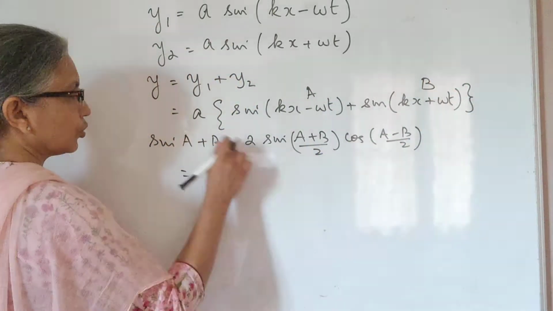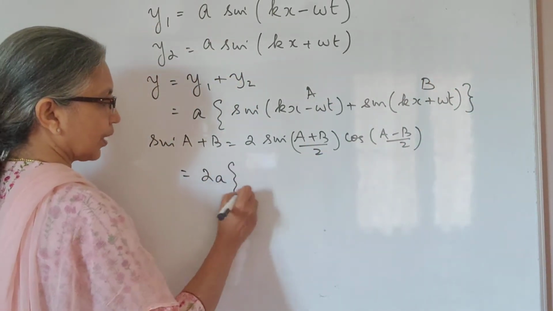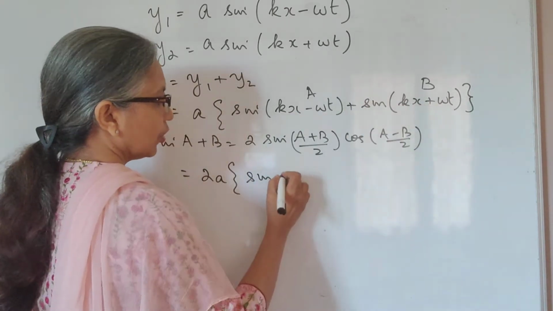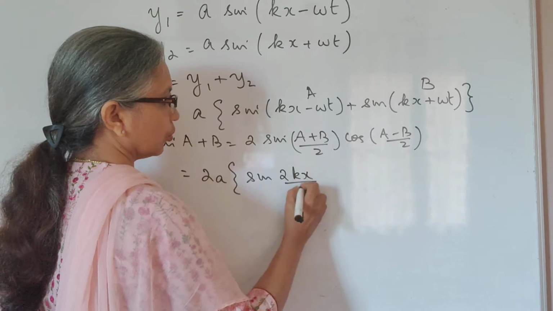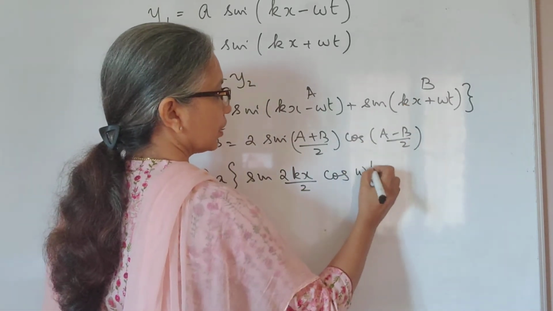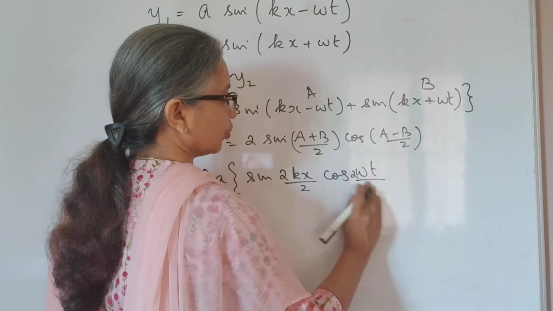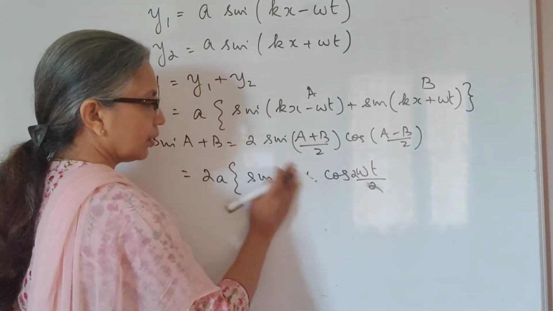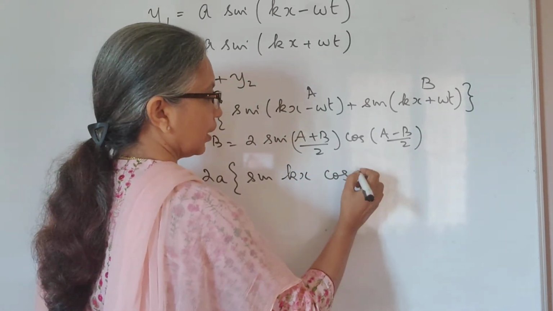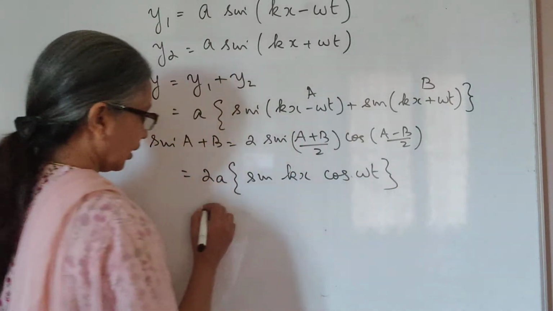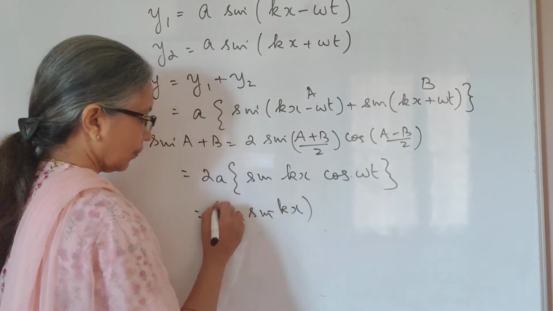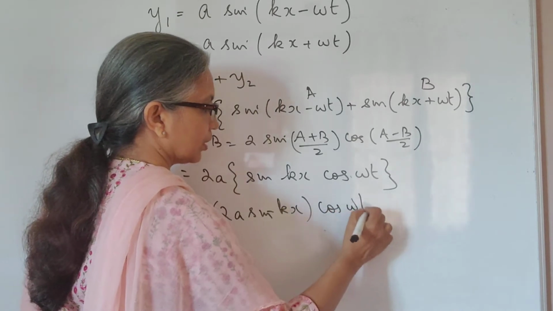And you will see this is going to be equal to 2a, and in bracket we have sine((a plus b)/2), so this will get cancelled. We have 2kx by 2, cos, and this will get cancelled, and we have 2 omega t by 2. Or I may write this as 2 sine kx and this as cos omega t, or I may write this as 2a sine kx, bracket, cos omega t.